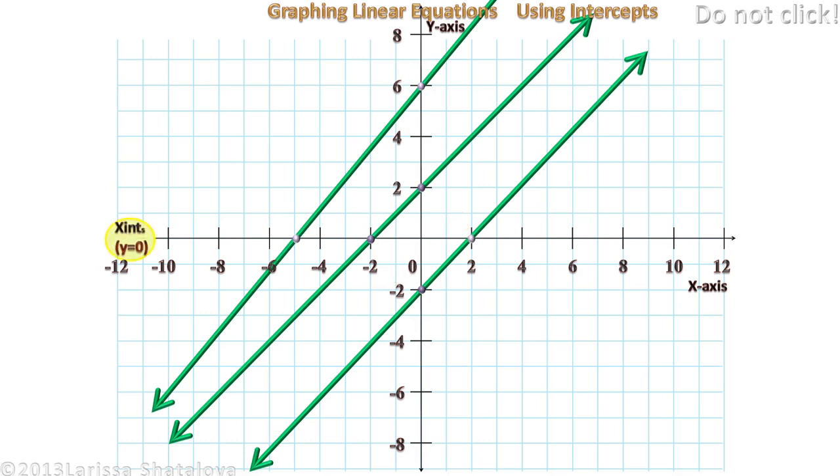But what is important, the conclusion for all x-intercepts, wherever they are, is that the y-coordinate is always 0. And the same statement holds for y-intercepts. For all y-intercepts, wherever they are, the x-coordinate is always 0, because the y-intercept is the point where the graph crosses the y-axis.